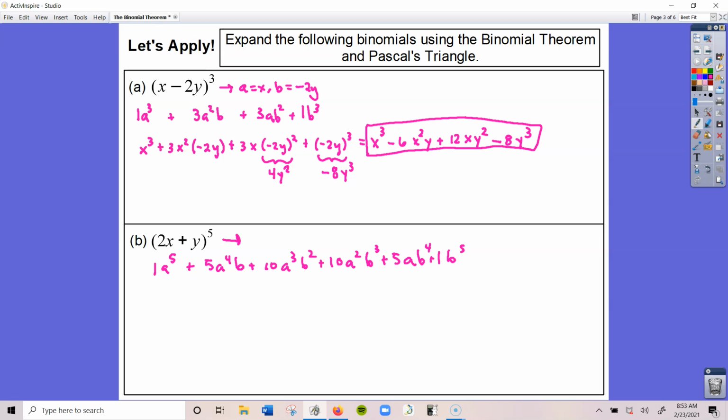In this case, a is equal to 2x and b is equal to y. So now we're just going to substitute everything for a and b.